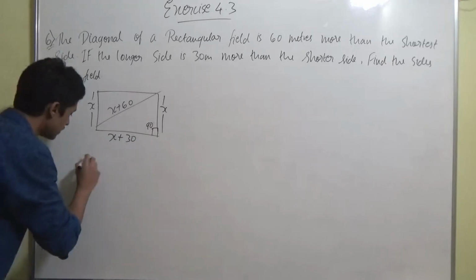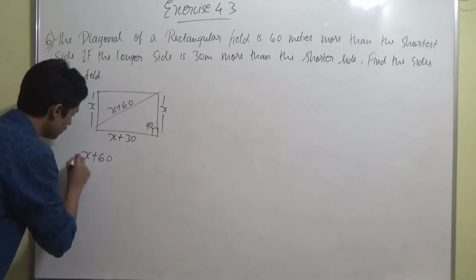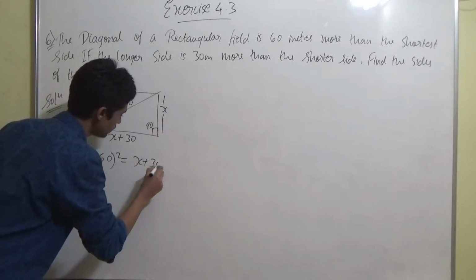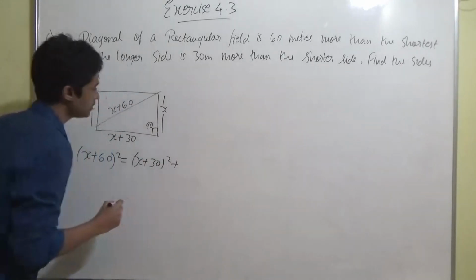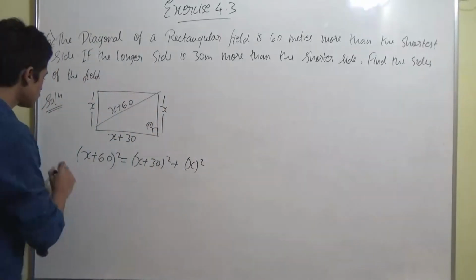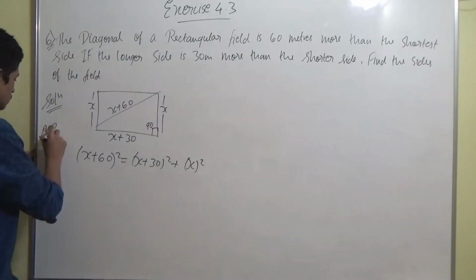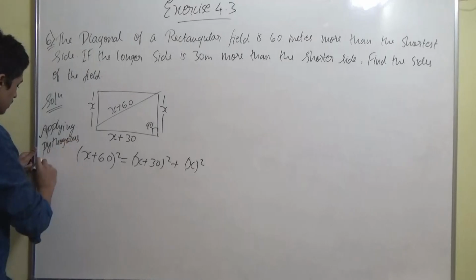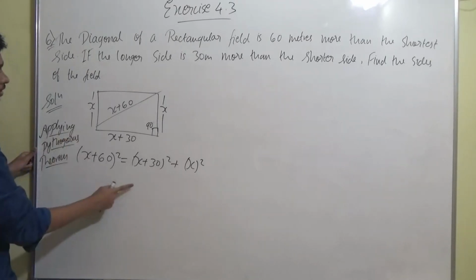Now let's apply the formula, that is, x plus 60 the whole square equals x plus 30 the whole square plus x square, right? Applying the Pythagoras theorem.